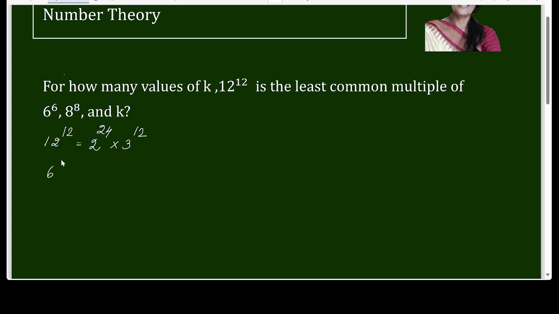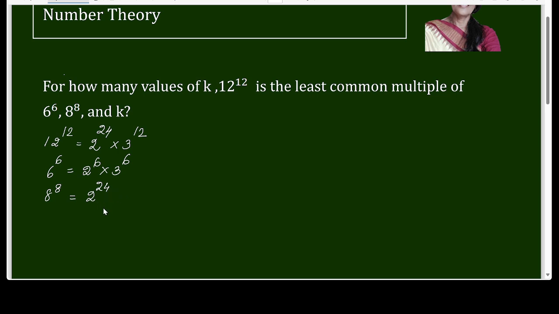Next, 6 power 6 equals 2 power 6 multiplied by 3 power 6. I am taking only the prime factorization, so we are getting 2 and 3 as bases. 8 power 8 equals again 2 power 24.